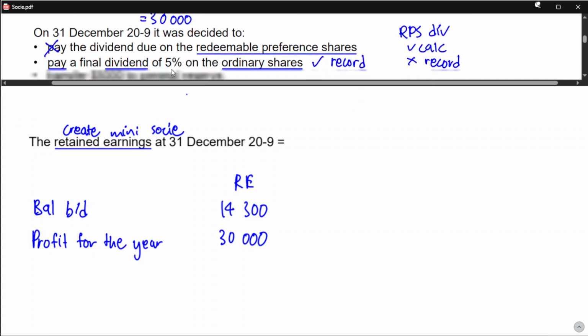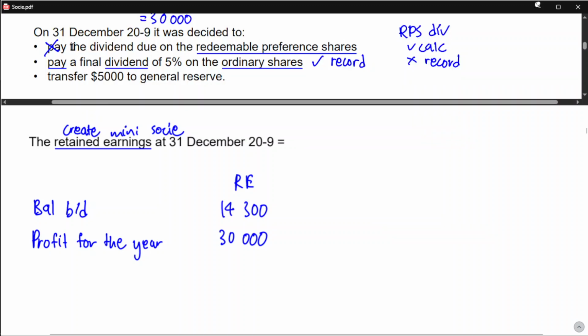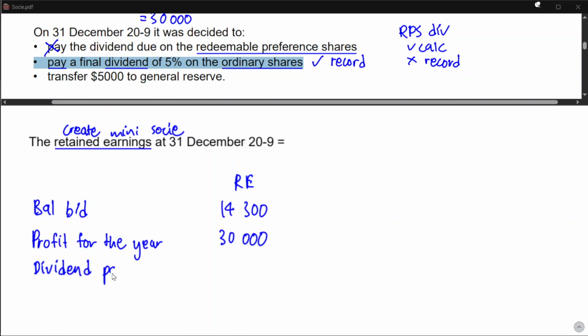So continue. This one ignore. This one record. This one, dividend paid, is 5% on the ordinary shares.